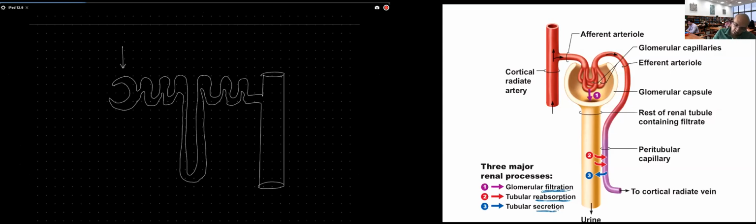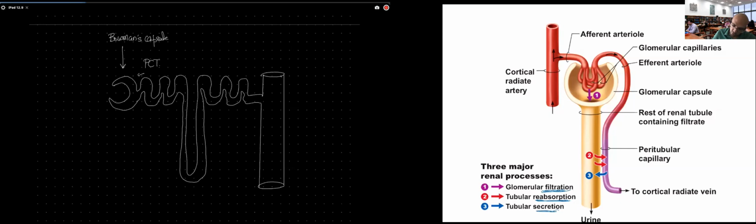The first part of the kidney tubule was a cup-shaped tube. This is my Bowman's capsule. The set of tubules that would be close to the Bowman's capsule, this was my proximal convoluted tubules.